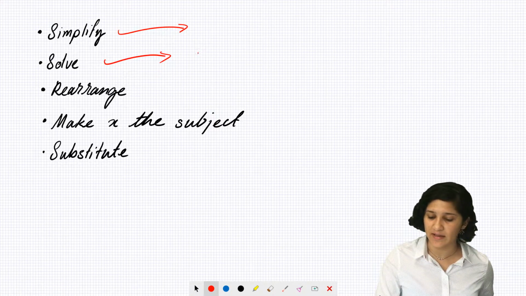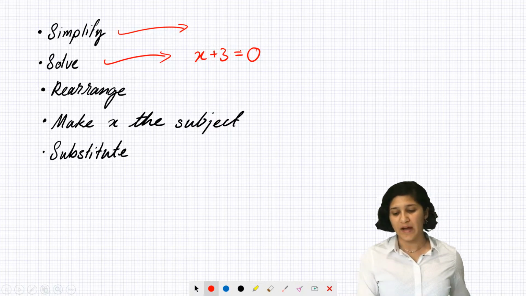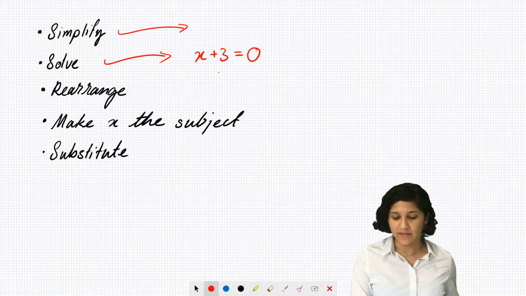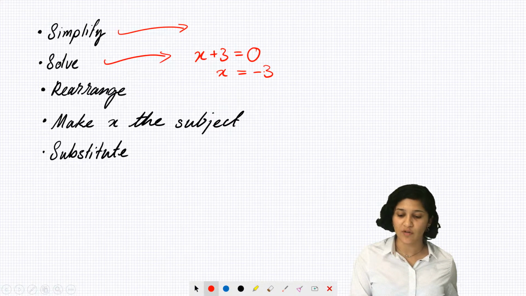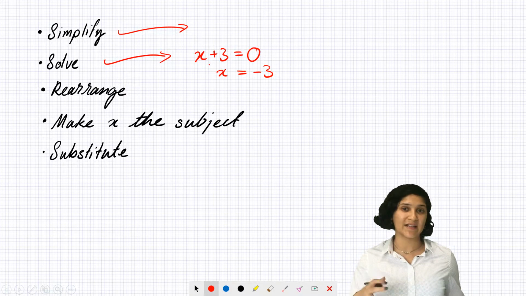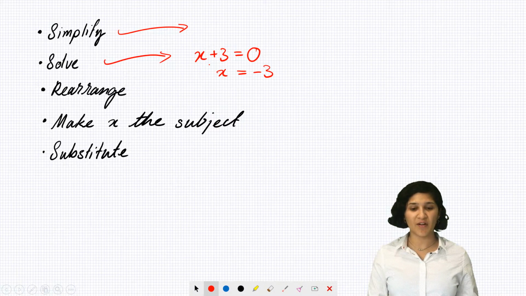So if I have something like x plus 3 equals 0, I can solve that by saying that, well, that's the same as x being negative 3. So because I'm finding out what x actually is, that means I've solved for x. All right?